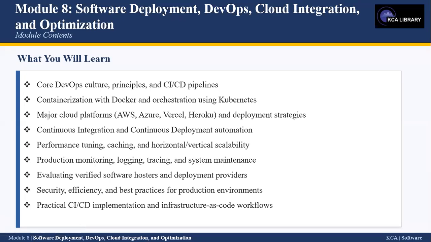In today's module, we will cover the following: core DevOps cultural principles and CI/CD pipelines, containerization with Docker and orchestration with Kubernetes, major cloud platforms such as AWS, Azure, Vercel, and Heroku, continuous integration and continuous deployment automation, performance tuning, caching, and scalability, production monitoring, logging and tracing, evaluating and verifying software hosters, and finally, security, efficiency, and infrastructure as code.